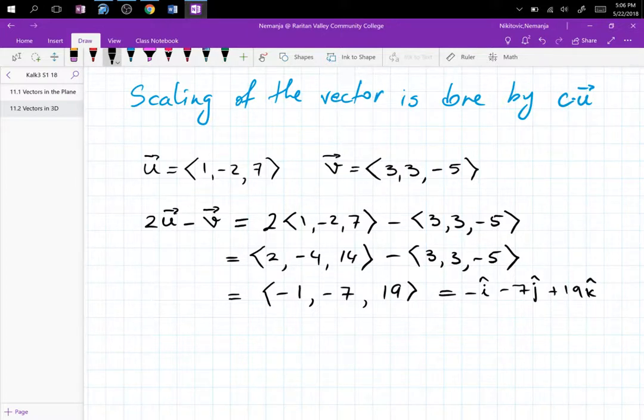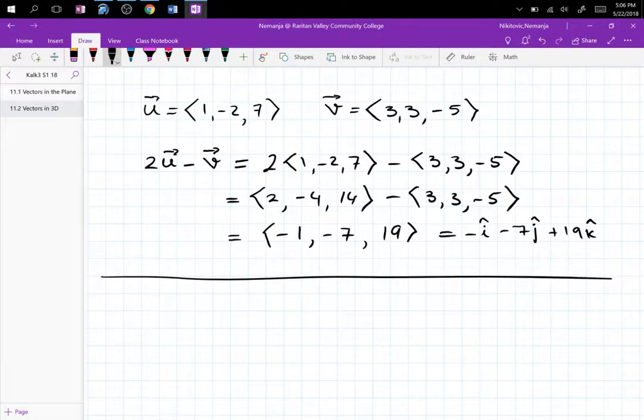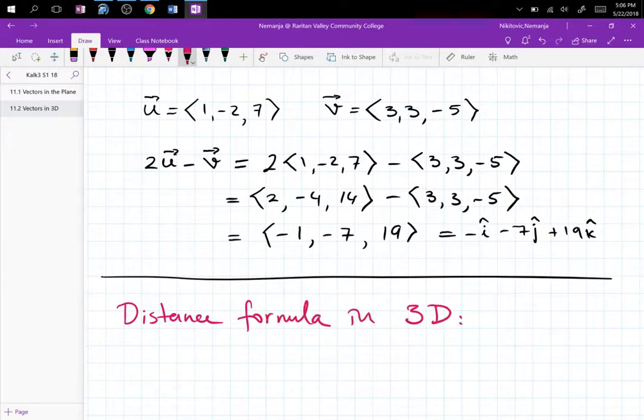Okay, so what's next? Next is to take a look at a few other formulas that are not necessarily vectors, but they're in this section for some reason, so let's take a look at those. So what do we have? First one is the distance formula in 3D.